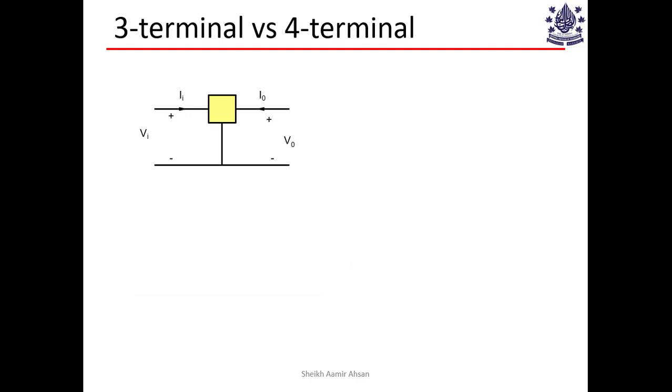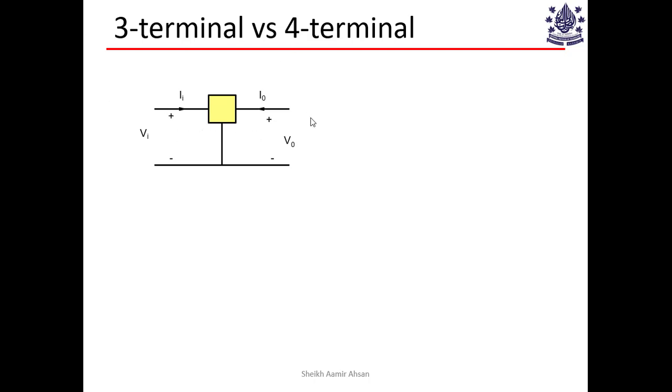So let's take a look at this three terminal or two port structure, which has one terminal which is common between the input port and the output port. I hope you have had some idea about these two port networks in your earlier courses when you read H parameters and maybe ABCD parameters.